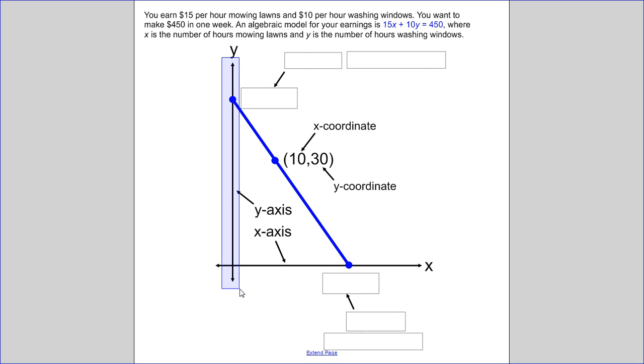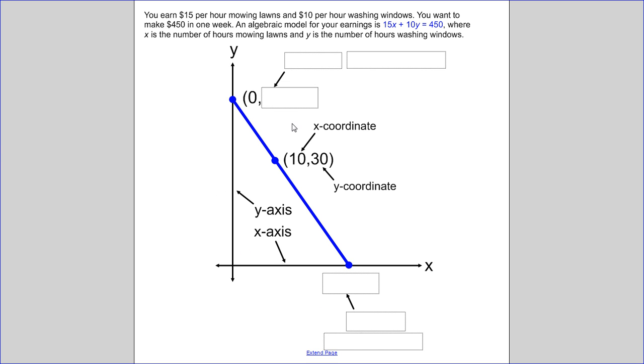Every point on the y-axis has an x-coordinate of 0. In fact, the equation of the y-axis is x equals 0. So we know the x-coordinate of that point. X equals 0.